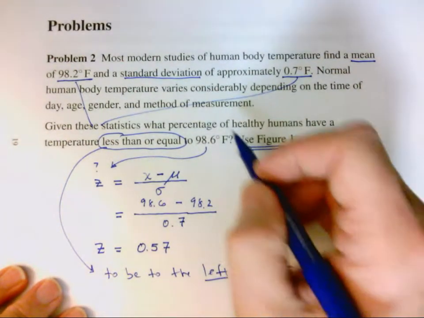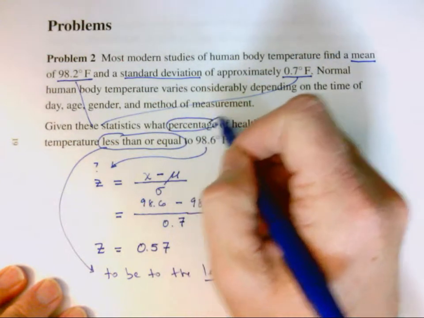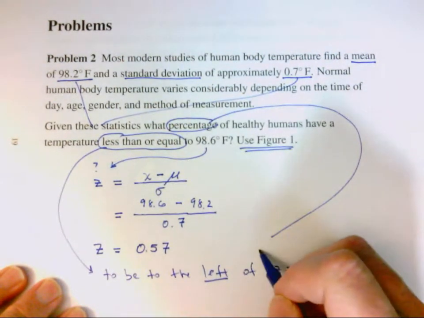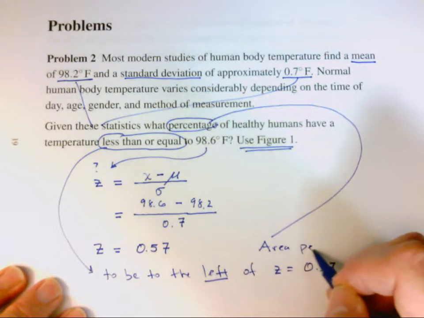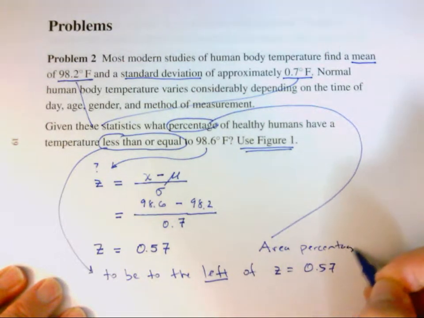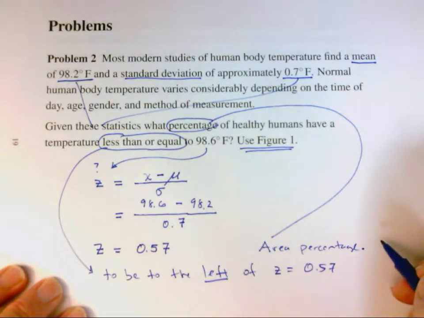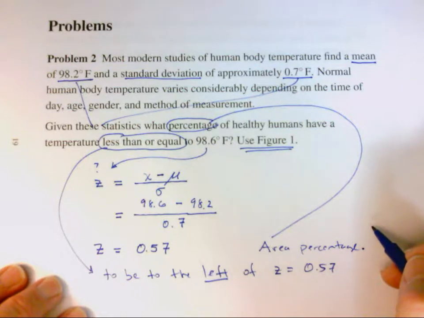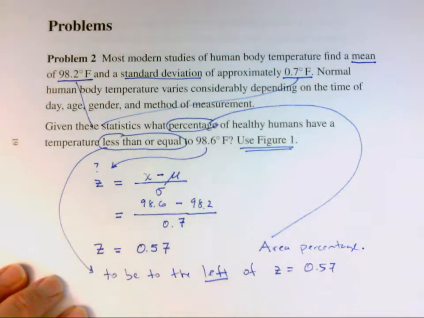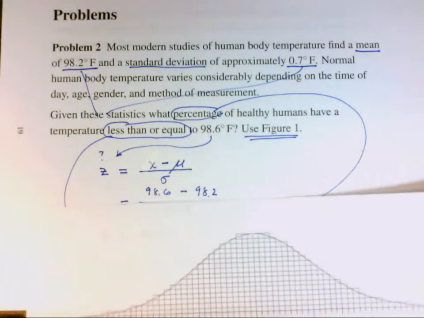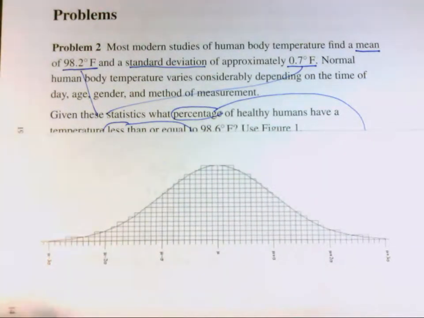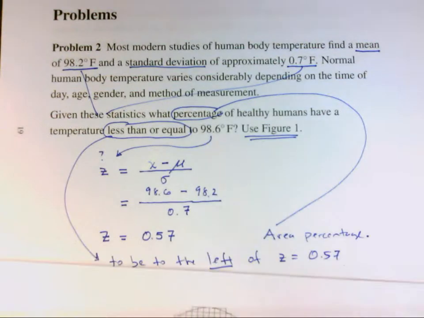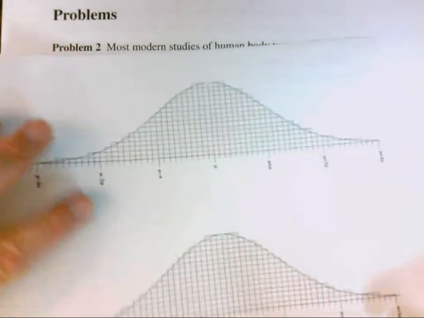And when we're asking what percentage, we want the area percentage. Remember, the idea is that the percentage of area equals the percentage of the data equals the probability of that happening. So I made another copy of the figure. I'm going to find z equals 0.57 on the z-scale.